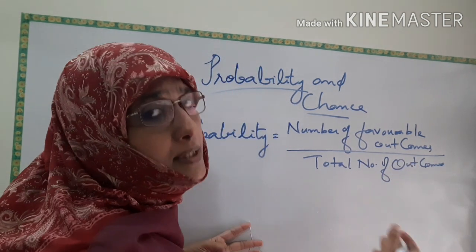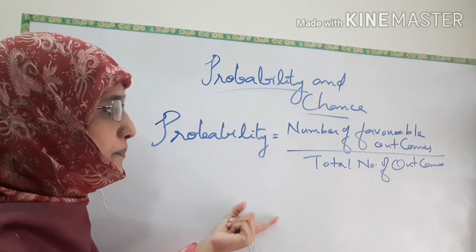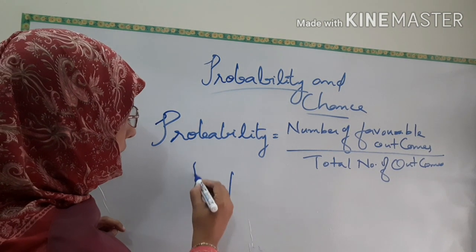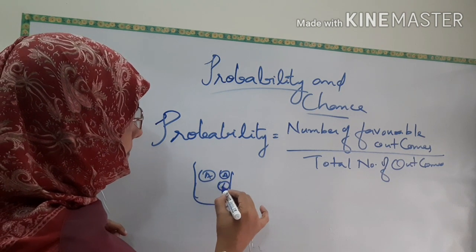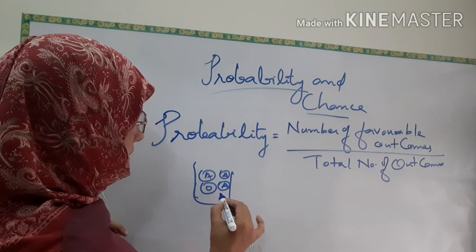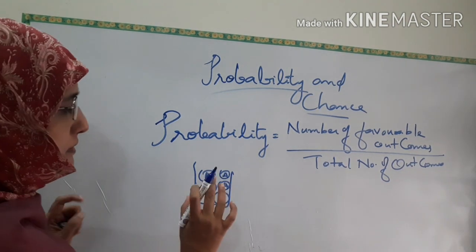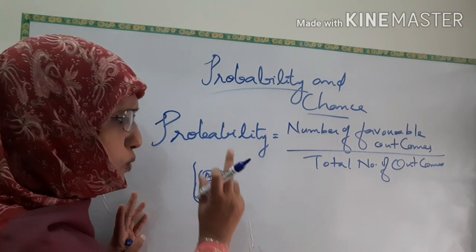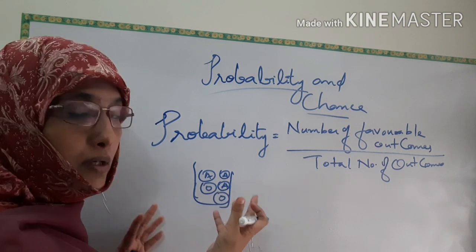You may be confused what this outcome is. So see, I'll give an example. Suppose in a box, there are 3 apples and 2 oranges. You didn't look into the basket. You took one fruit from that, and it can be an orange, it can be an apple.